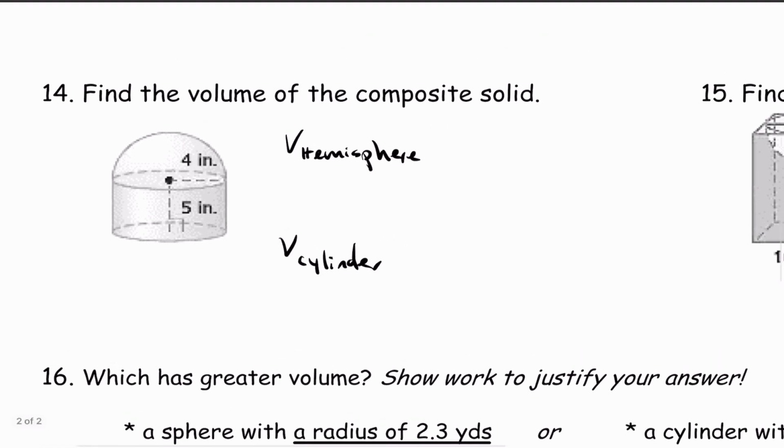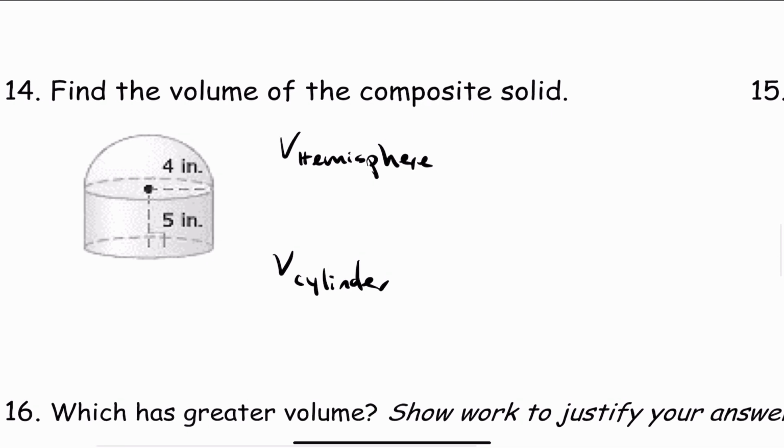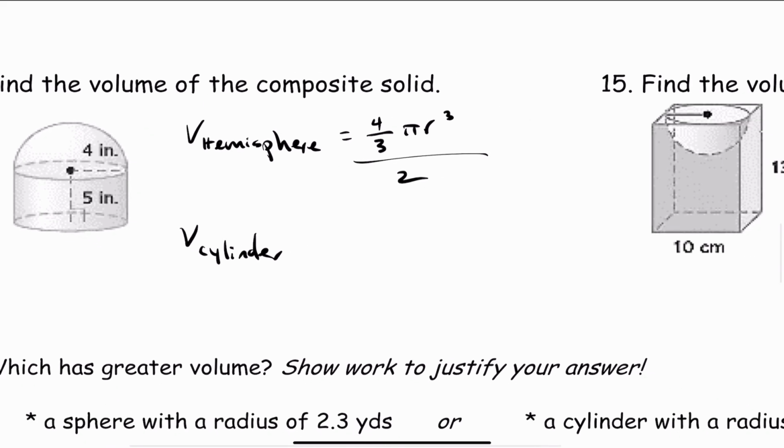So the volume of the hemisphere is, well, we've got to do 4/3 pi r cubed, and whatever that is, you're going to divide that by 2 here. And then the volume of the cylinder is equal to the area of the base multiplied by the height of the prism.